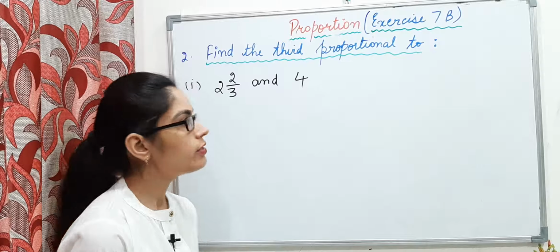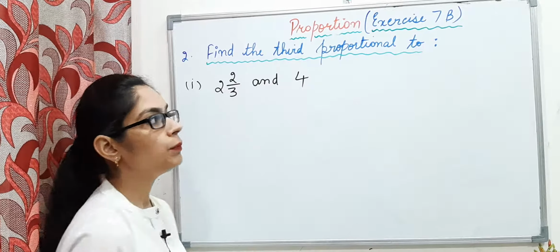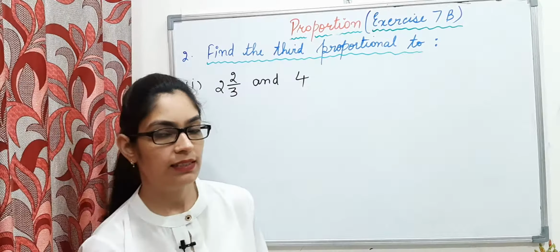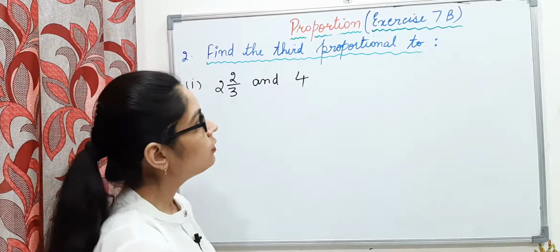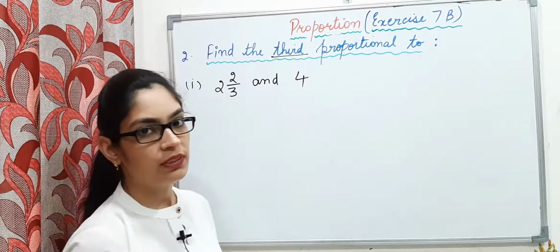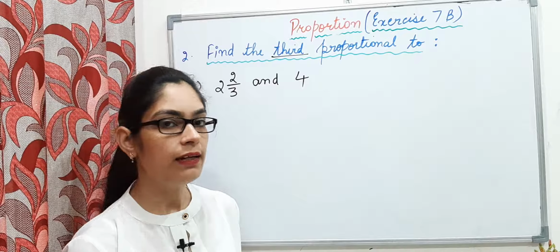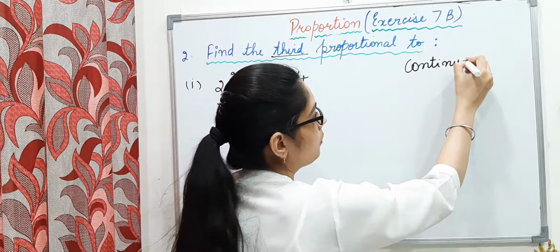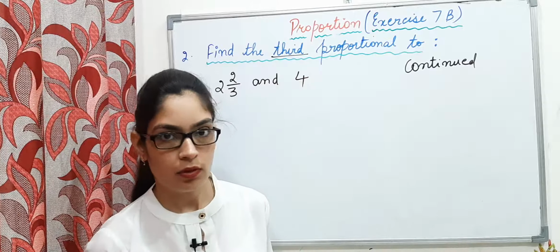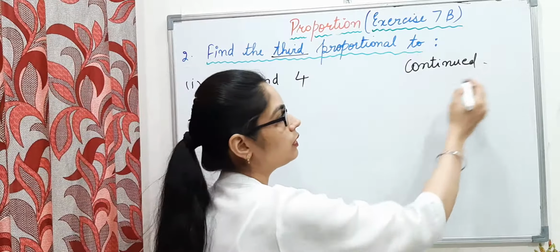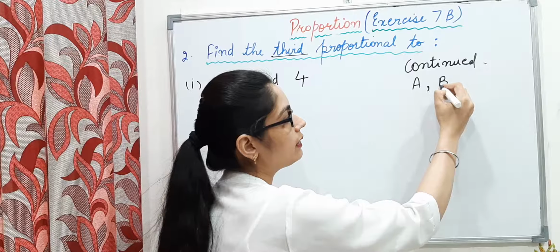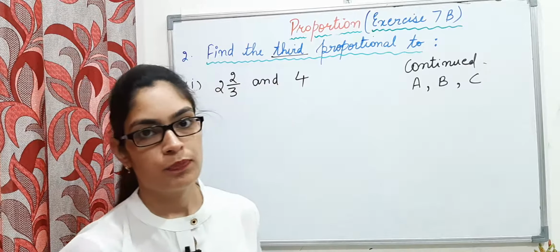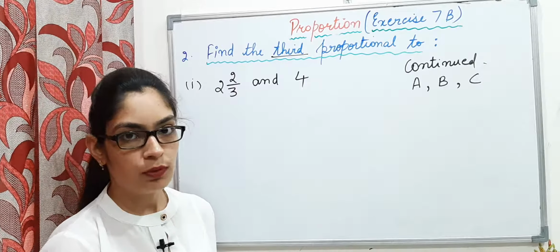In the second question, it's given to find the third proportional to. So third proportional they are asking us to find. This is giving us a hint that it is continued proportion. Continued proportion, as I have already told you, in continued proportion only we will have 3 quantities A, B and C. In normal proportion we will have 4 quantities.